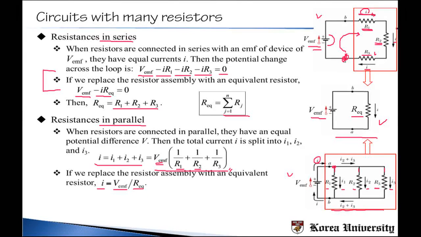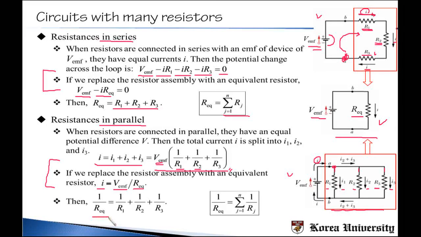Okay, and then similarly, try to compare these 2 equations, and our job is figuring out what Req is in this case. And then you can figure out that the relationship between Req and all the resistors R1, R2, R3 can be written in this fashion.